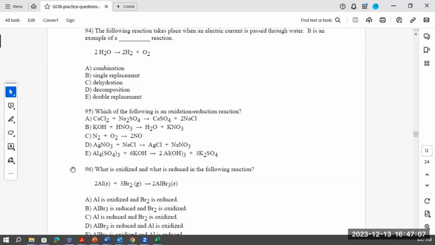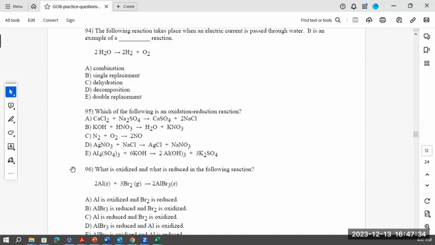So, let me explain oxidation and reduction. One way of looking at oxidation and reduction, one of them is the loss of electrons, right? So if you're going from a metal to an ion with a charge, that would be an example of an oxidation reduction reaction.